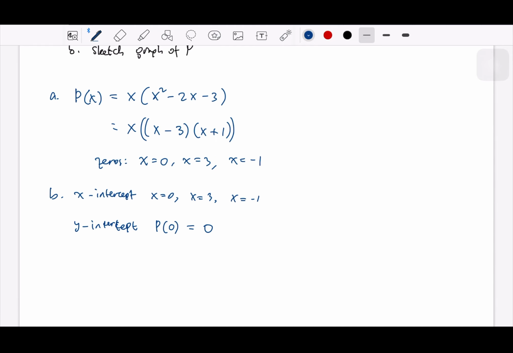We could also make a table of x and p of x, or we could take the line number first here. So we could take from -1, 0, and 3.